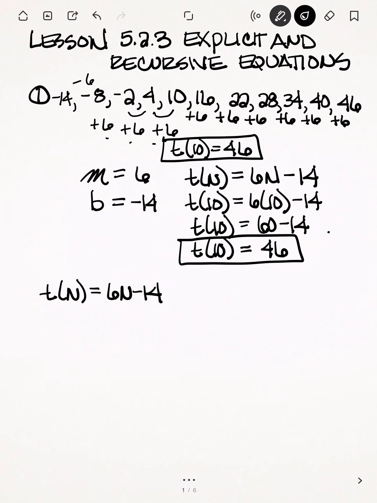And this kind of equation is called an explicit equation. This is what we're used to using. It tells us really good information really fast. All I have to do is plug a number in for n and it'll tell me what that value is at that term number.